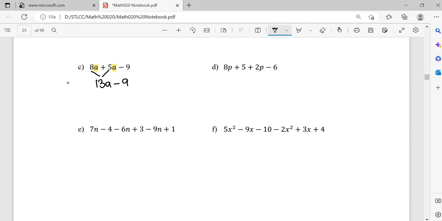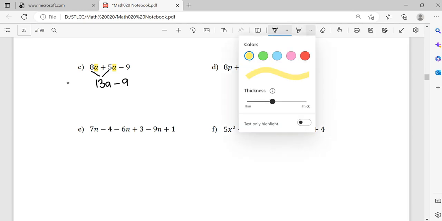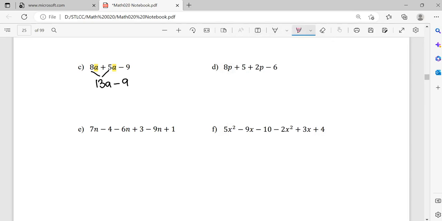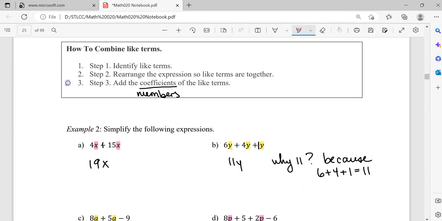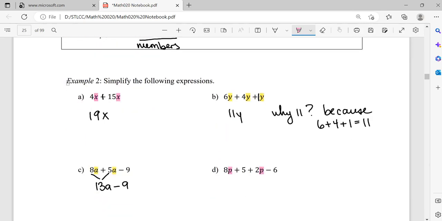Okay, very similar. We're going to do part D. The next expression is 8p plus 5 plus 2p minus 6. It's easy to see that we do have the same variables. We have 8p and we have 2p. Those are the like terms here. Remember the rule: identify like terms, rearrange the expressions so like terms are together.